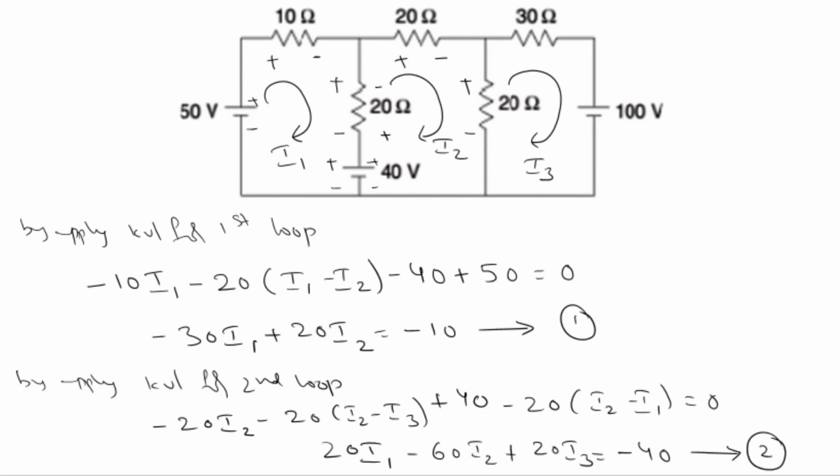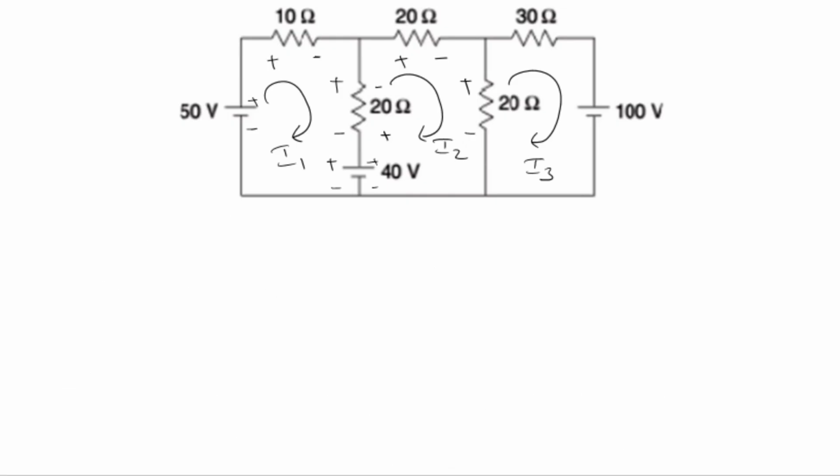Similarly, we will write down the third loop equation. By applying KVL for third loop, here also we are assuming clockwise direction, plus sign and minus sign inside the loop.